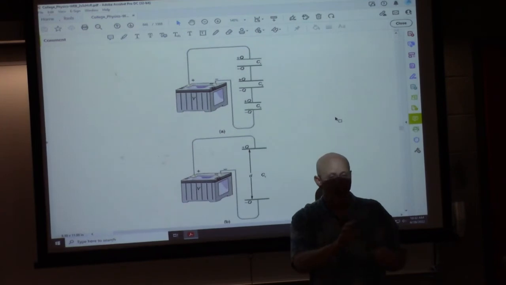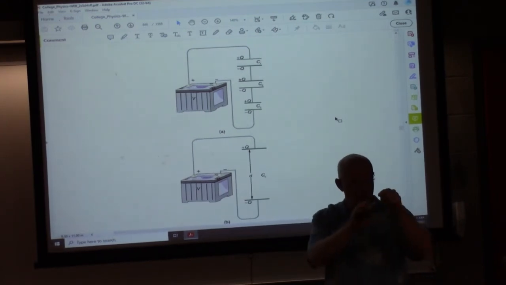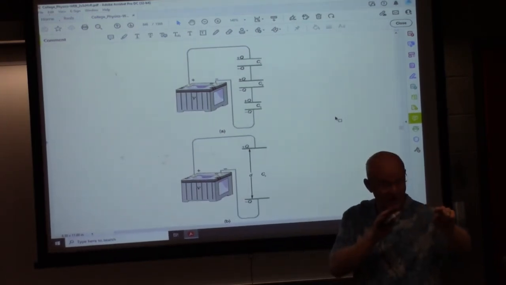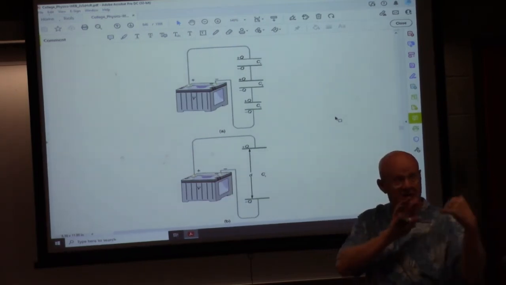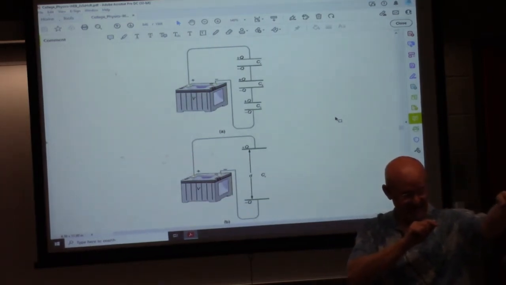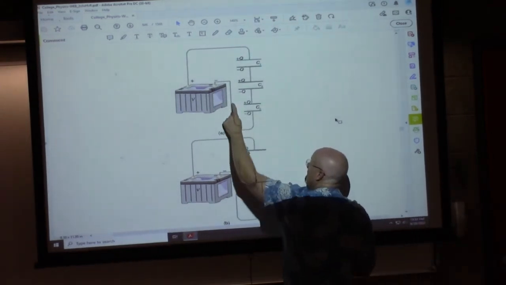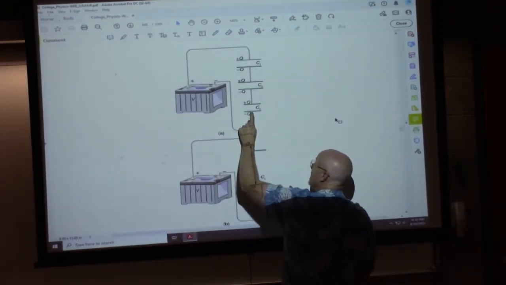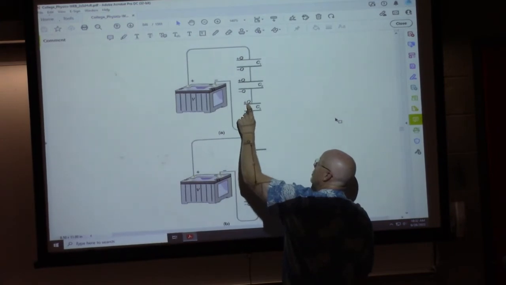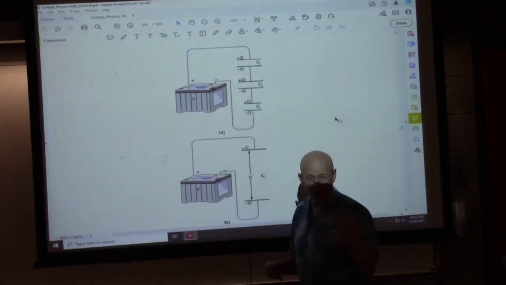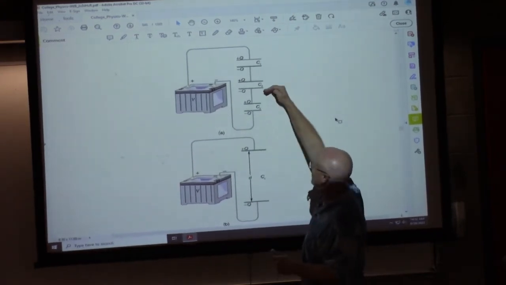However, what the electron can do is, with its electric field, push a different electron off the other plate. So electron number 1 is going to come out of here and go on this plate. It's going to create an electric field which pushes an electron off of here, and that electron goes from what I'll call capacitor 1 into capacitor 2.